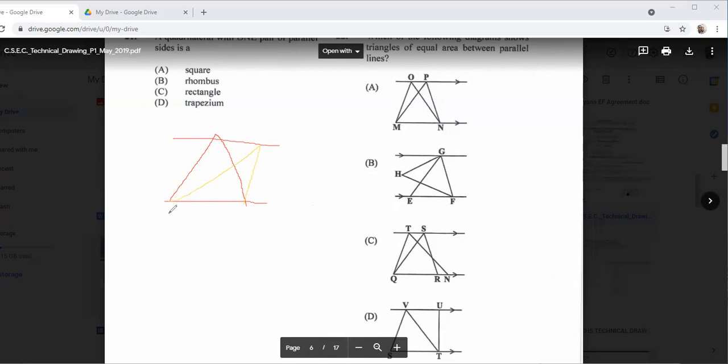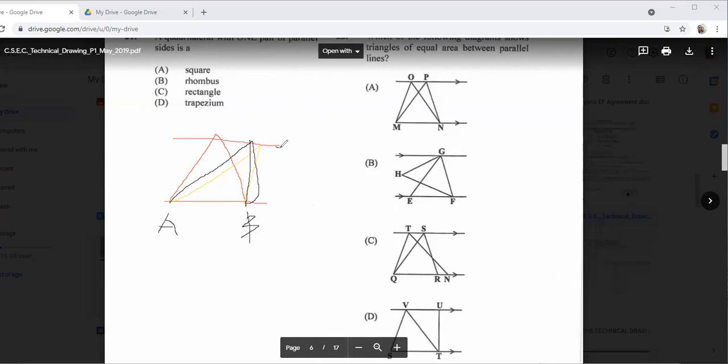So here is A, base is AB, so from here to there.